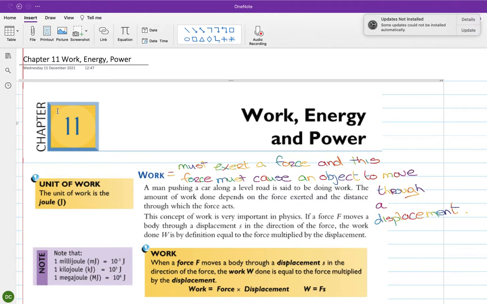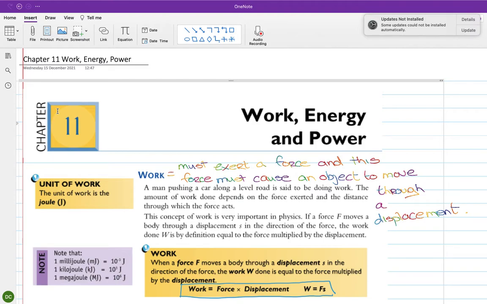Given it's dependent on force and displacement, you'll see it down here, in the formula and tables book: work is equal to force multiplied by displacement, or Fs. F is force, S is displacement.